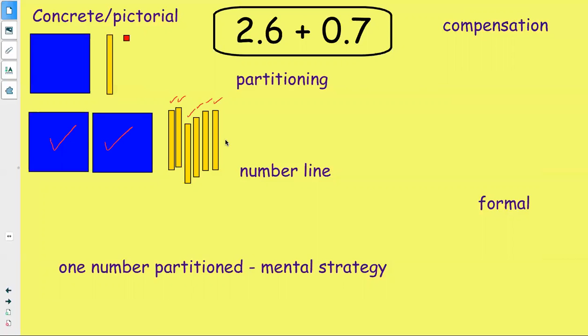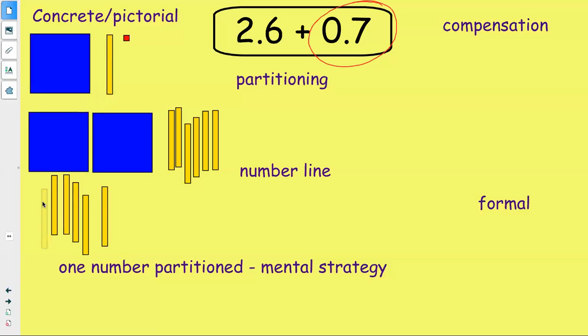So that represents 2.6. Right, if I was to add on my 0.7, there are no units to add on, there is just 7/10 to add on. So again, I'm going to add 7 of these tenths. 1, 2, 3, 4, 5, 6, 7.